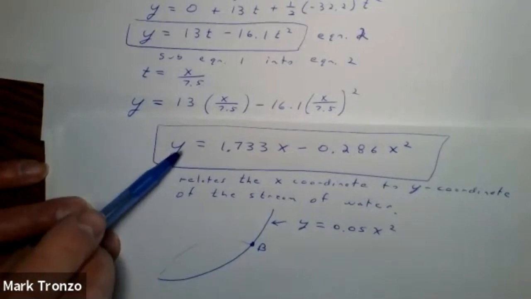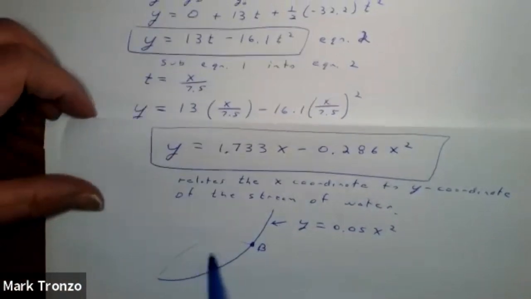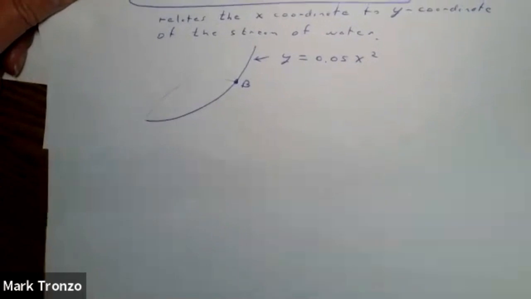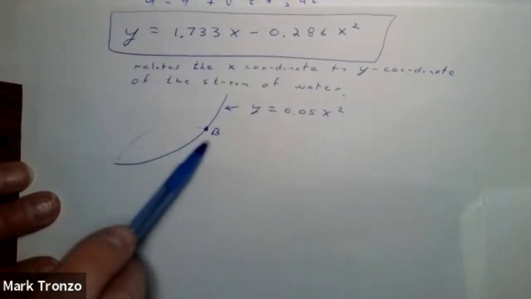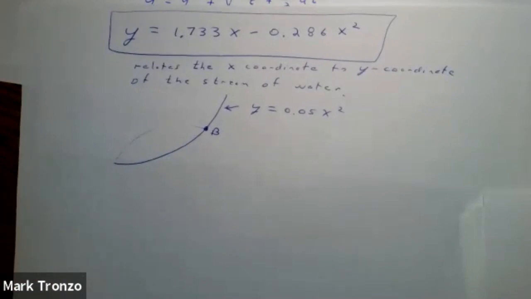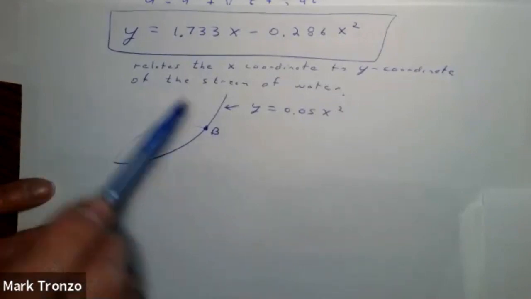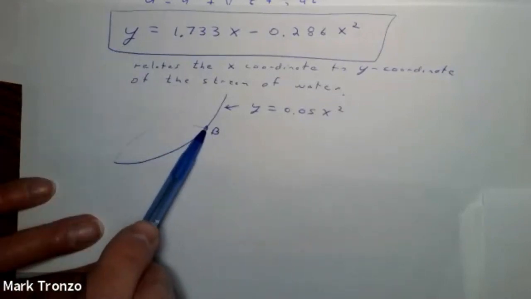And the equation we have gives us the equation for this path. So how do we find out where it hits the hill? Exactly. Set the two equations equal to each other. Exactly right, because they're going to intersect right here.